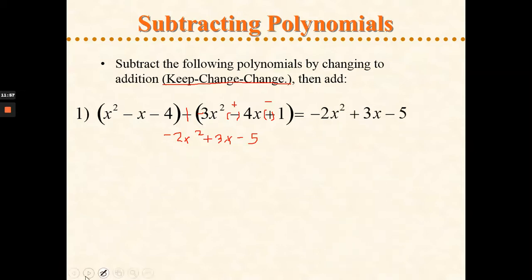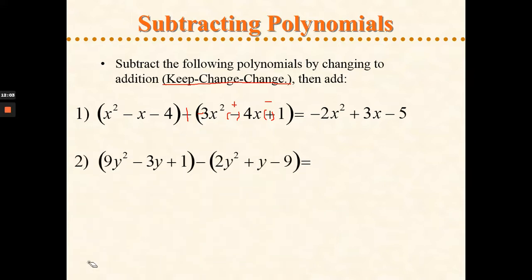The next one we have here. Following the same procedure, keep, change, change. Positive, it will become negative. Positive, it will become negative. Negative, it will become positive. We are subtracting the polynomials horizontally.